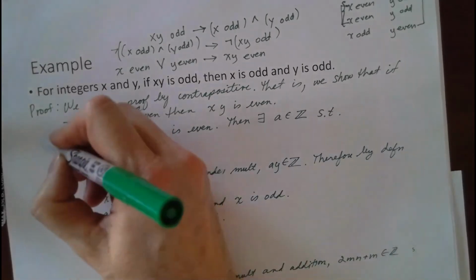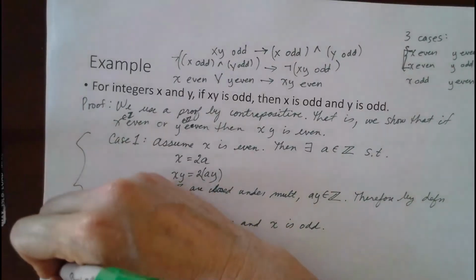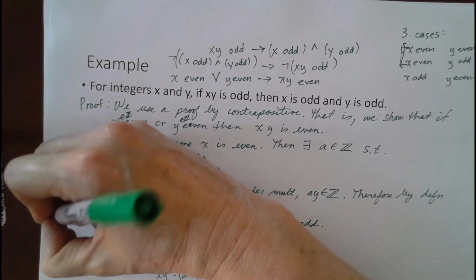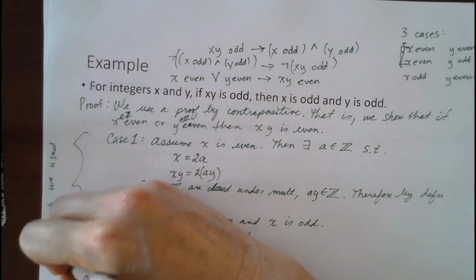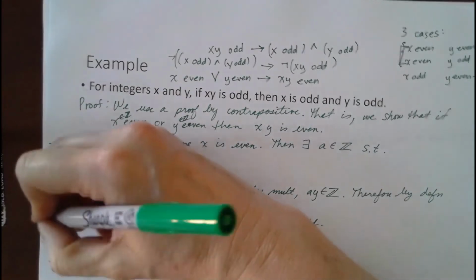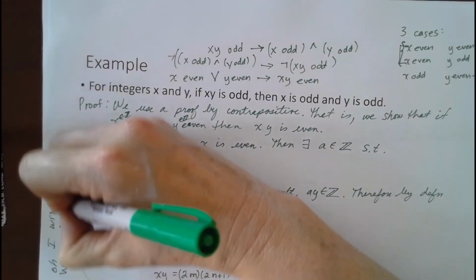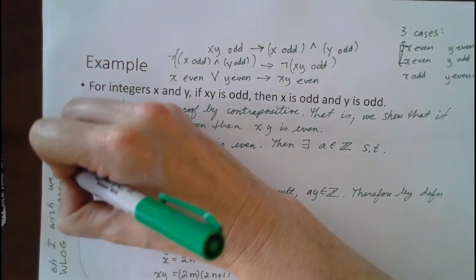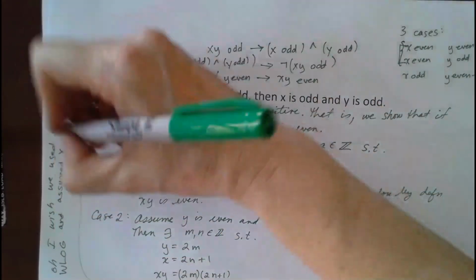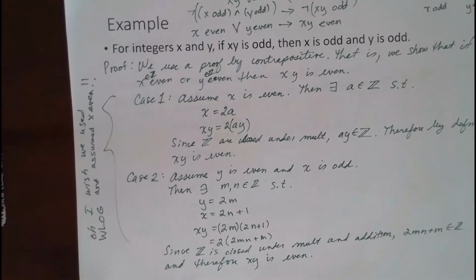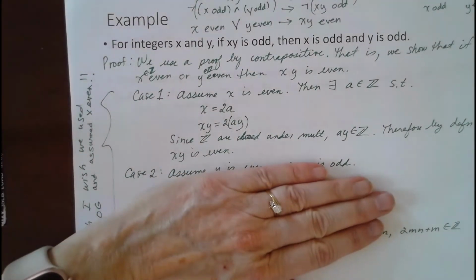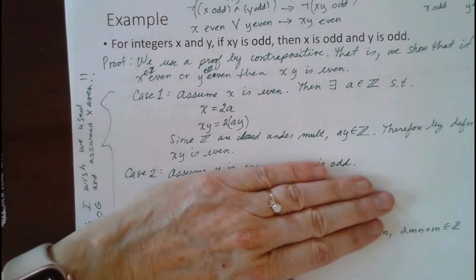Yeah, so you can say here, oh, I wish we used without loss of generality and assumed x even. Because that would have saved us half the work. We could have completely eliminated that part and we could have just done this.